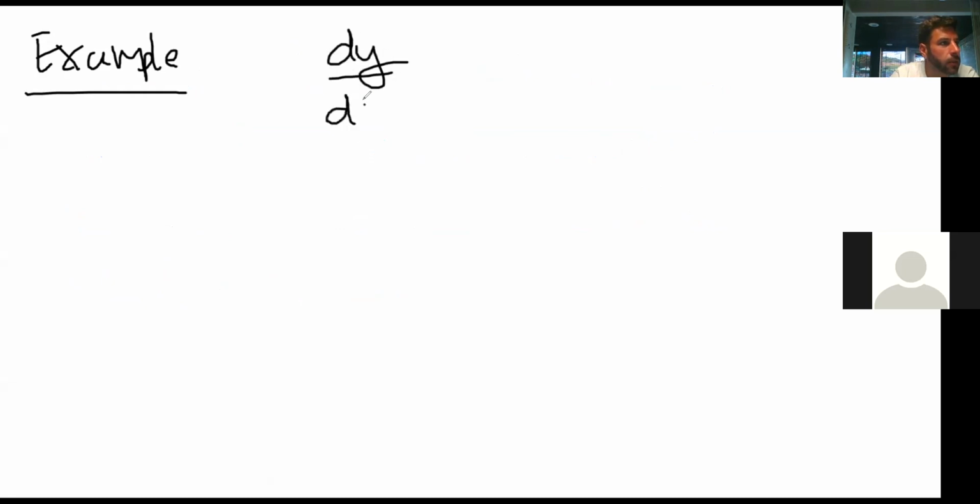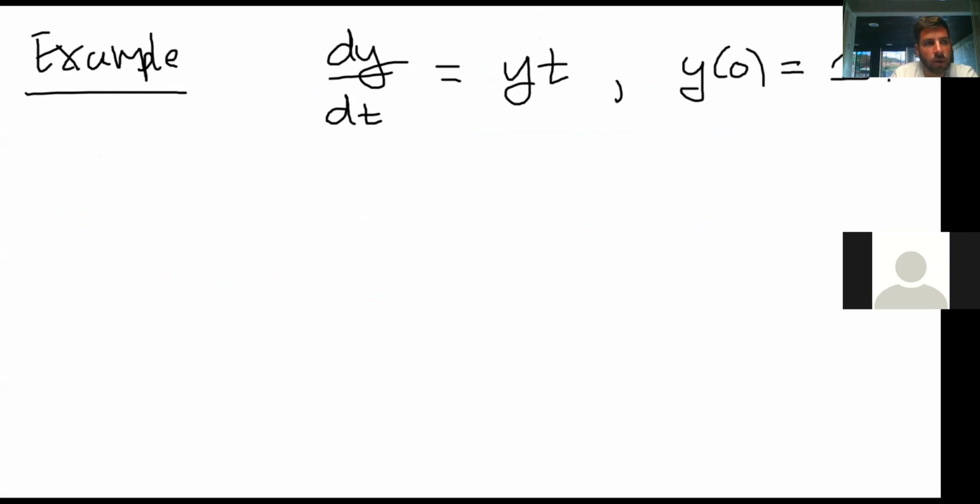I have the equation dy/dt equals yt. And I have the initial condition that the solution I want is the one that passes through the point (0, 1).